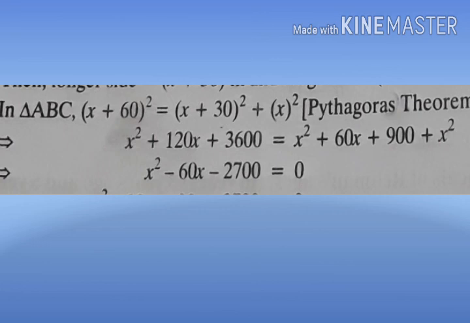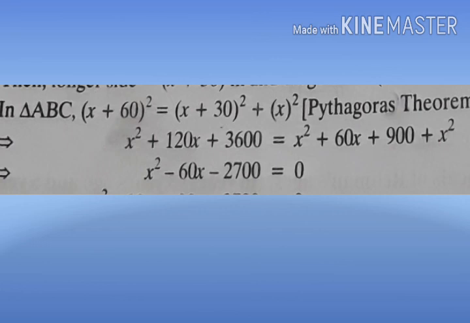Then we can transpose all the terms to LHS. Before that, in this equation, x square plus 120x plus 3600 equals x square plus 60x plus 900 plus x square. 1x square is common, isn't it? So we can cancel 1x square from LHS and from RHS.